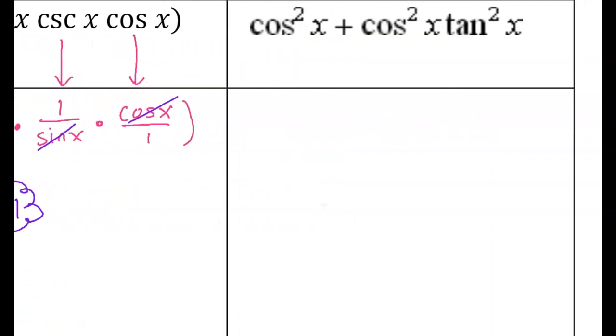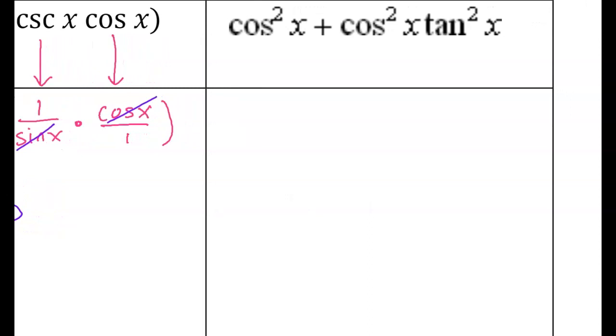And last but not least, over here, we have cosine squared of x plus cosine squared of x times tangent squared of x. Solid move to make: you can look for identities first on your trigonometric identity sheet, but nothing really compares to these two.